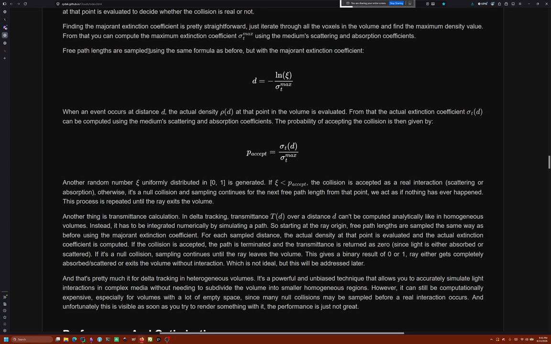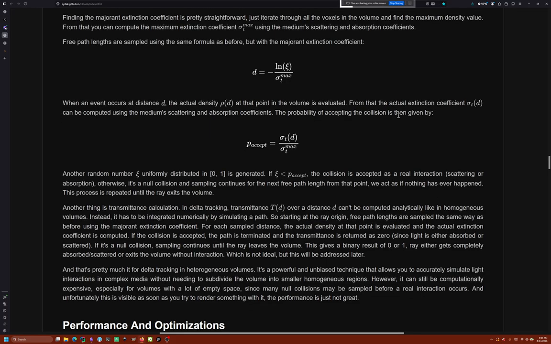So free path lengths are sampled using the same formula, using natural log of a random number 0 to 1 divided by this maximum density value. So a larger value of this coefficient makes the step size smaller. Correspondingly, lower density corresponds to a larger step size. The actual extinction coefficient, sigma t, can be computed using the scattering and absorption coefficients.